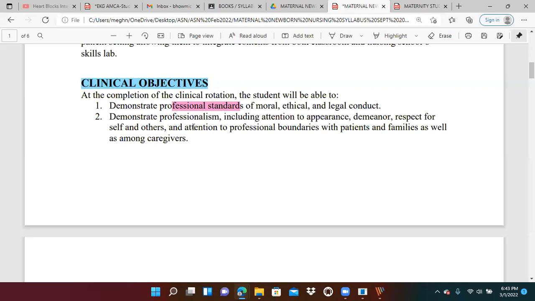Demonstrate professionalism. Very important. Professionalism should include attention to appearance. Like I work as an RN on my floor. Tomorrow early morning, I have to go.